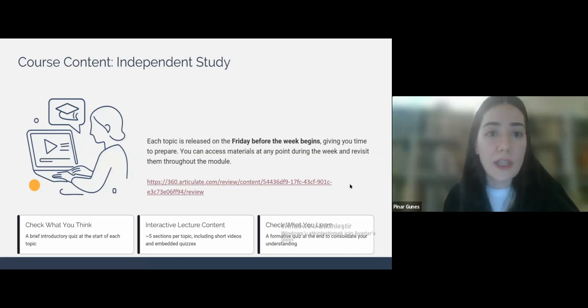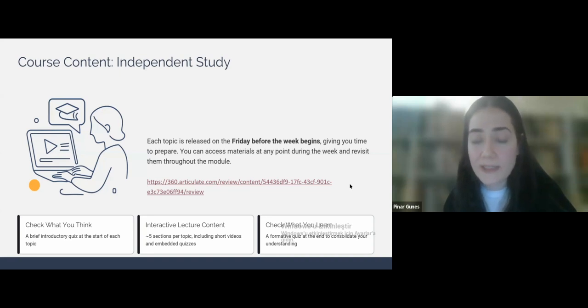So each module or each topic is comprised of two elements, the synchronous content and asynchronous content, or in other words, asynchronous content would be the independent study. We release each topic's reading material on the Friday before that week begins.